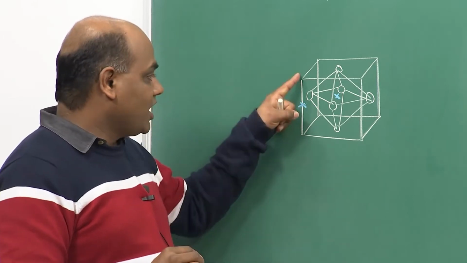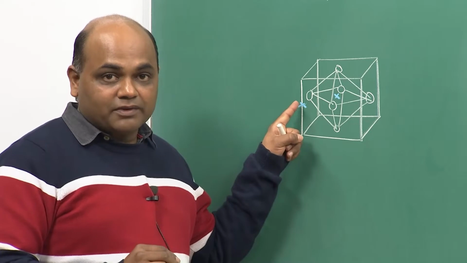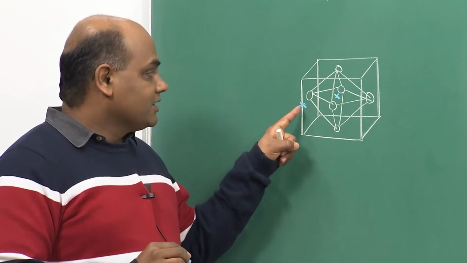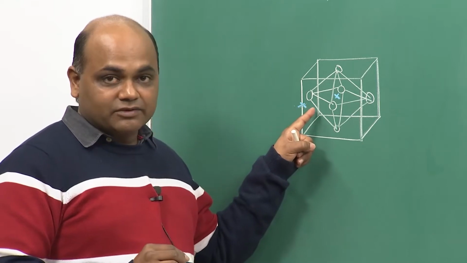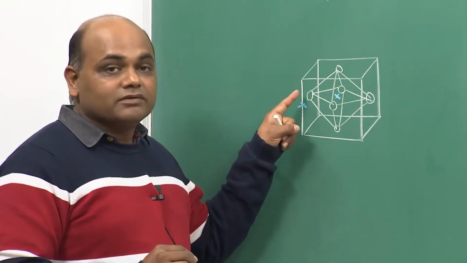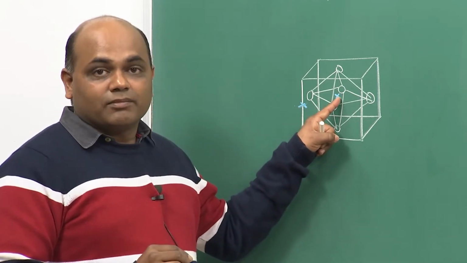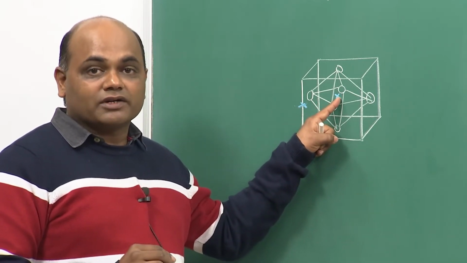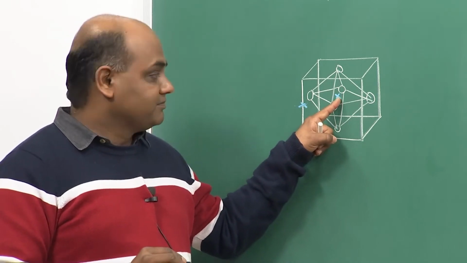Since each edge is shared by 4 unit cells, only 1/4 of the octahedral interstitial site on the edge lies inside a unit cell. So, there are total 12 by 4, which is 3, plus 1 at the body center. So, there are a total of 4 octahedral sites per unit cell in an FCC crystal.